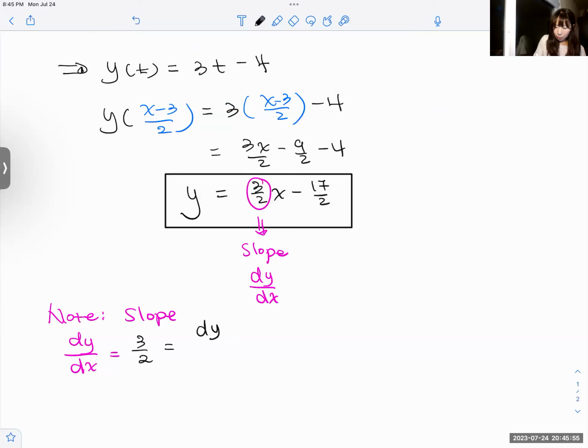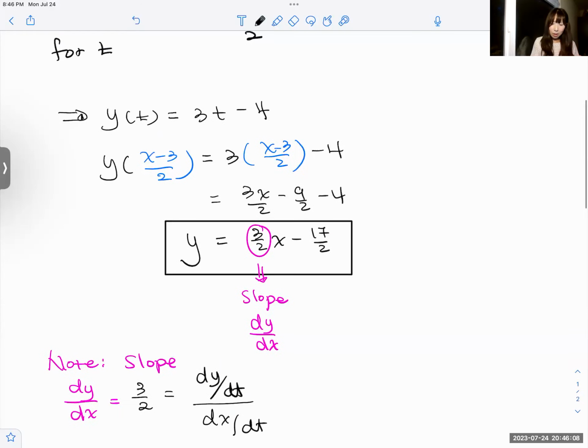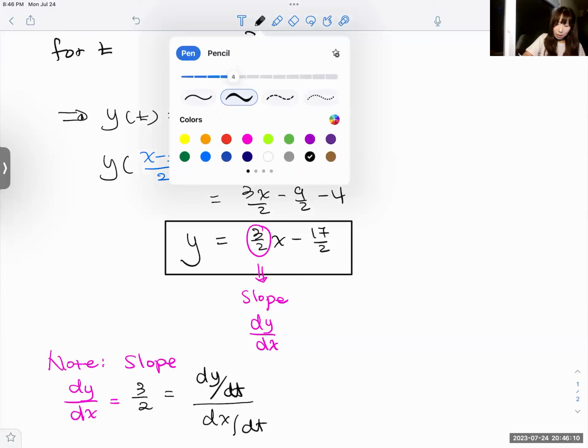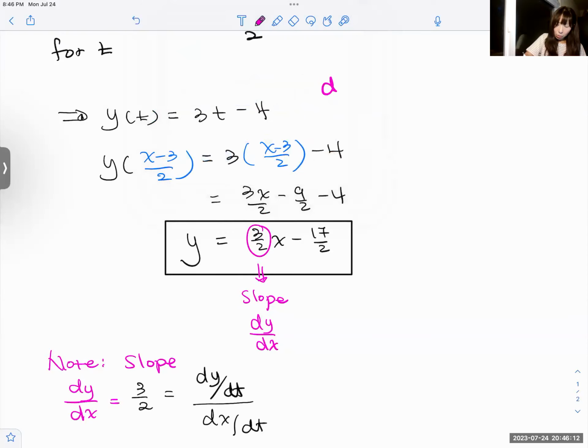This 3 over 2 we got is dy over dt over dx over dt, right? So let's check it out. We are using y, so dy over dt, what do you get? It's 3, right?